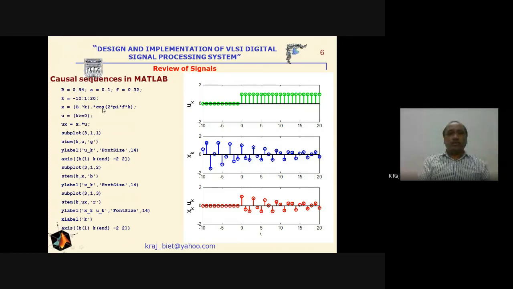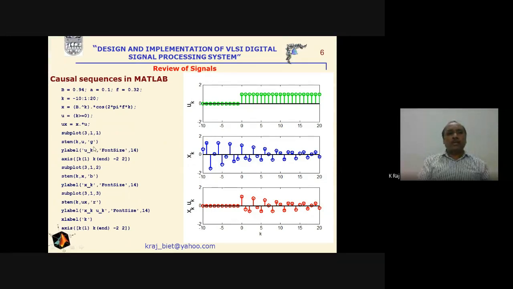So here first the exponential cosine function is generated. Then we have generated the unit sequence, and we have generated a new function, that is x multiplied by u. And in order to plot the graph, we have divided the plot into three sections, that is 3 cross 1, having 3 rows, rows number 1, 2, and 3, and 1 column.